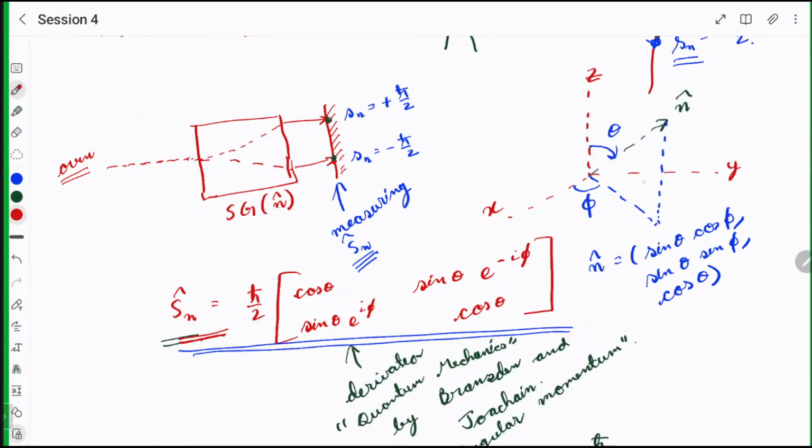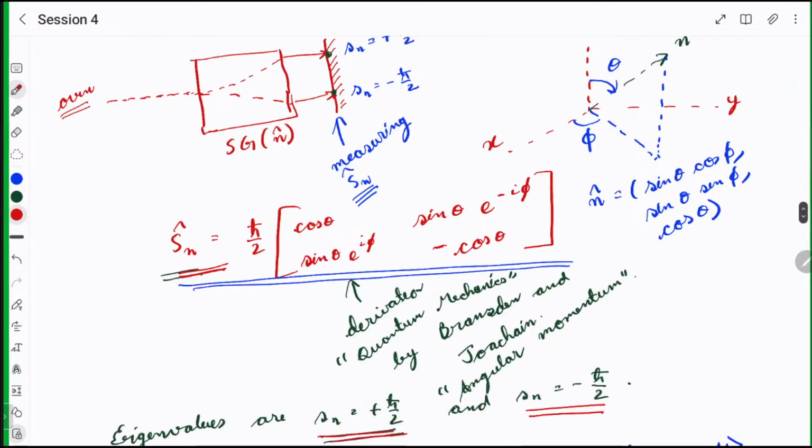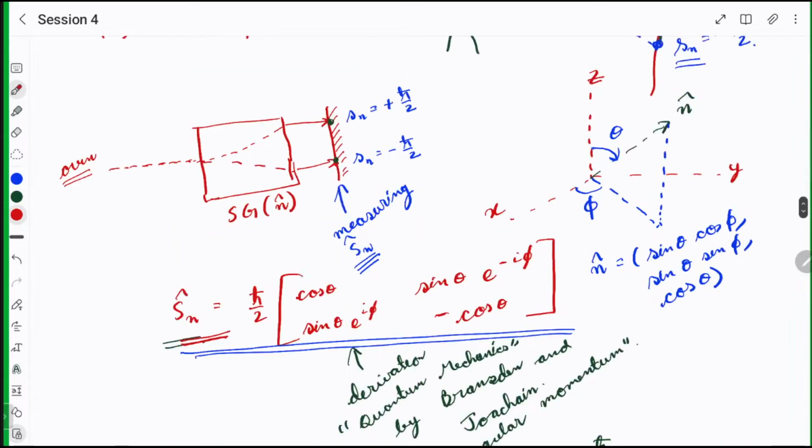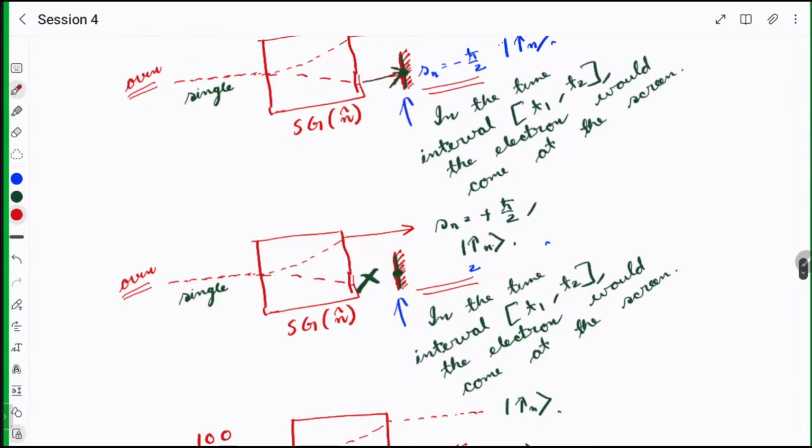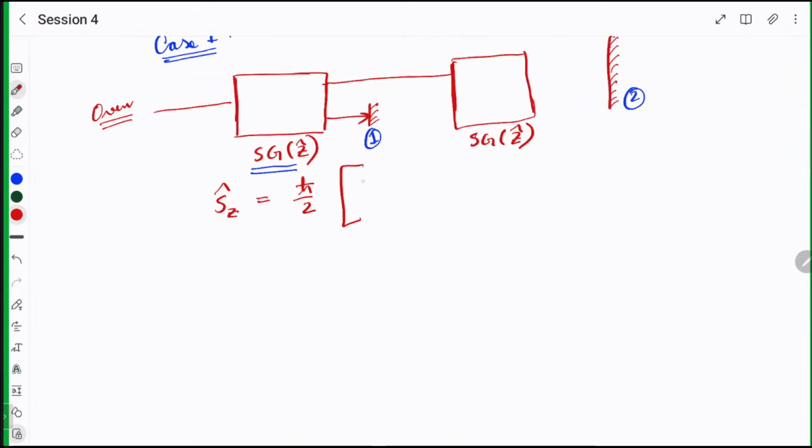You can find that for theta 0 and phi 0, you get SZ hat. So if you put theta 0, this will be 1. Sorry, this is minus cos theta actually. 1, minus 1, and this would be 0. So SZ hat would be something like h cross by 2, matrix 1, 0, 0, minus 1, since theta 0 and phi 0 for the z direction.